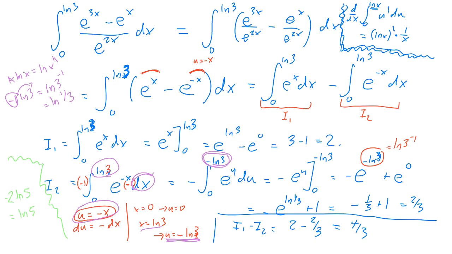Good, which is the same as what? 2/5. Nope. 5 to the negative 2 power is 1/5 squared. So that'd be natural log of 1/25. So negative 2 natural log of 5 is the same as natural log of 1/25. Okay, I get it.